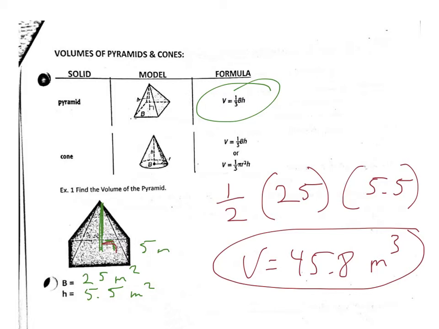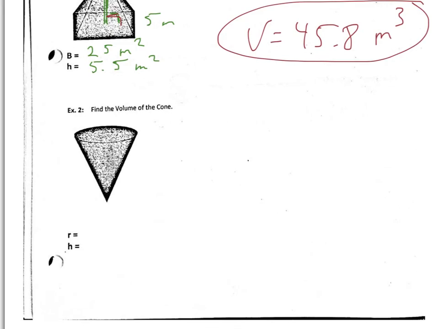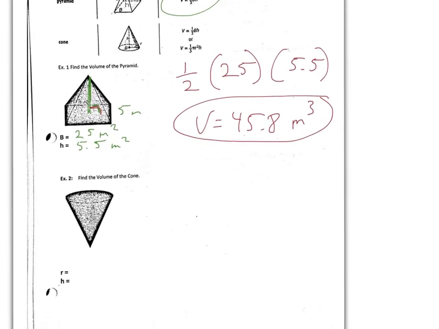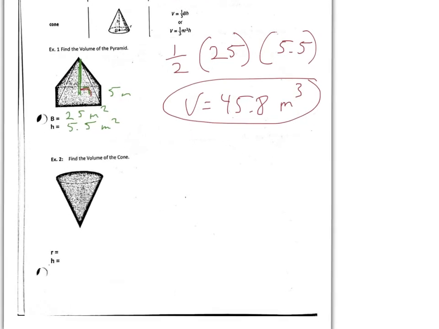Okay, so what you need to find is you need to find the height and you need to find the area of the base. Now if we've got a cone, we need to know, let's zoom in a little bit, the radius, because there is our formula for the volume of a cone.